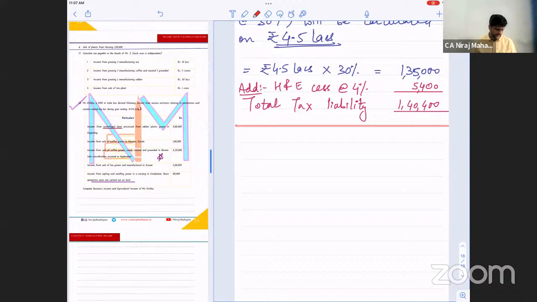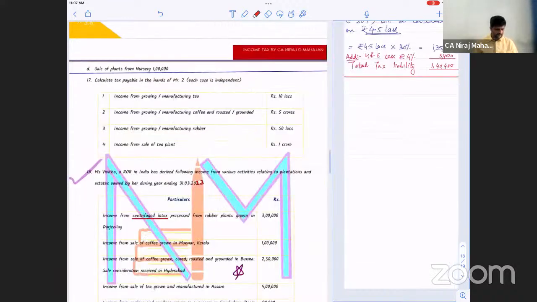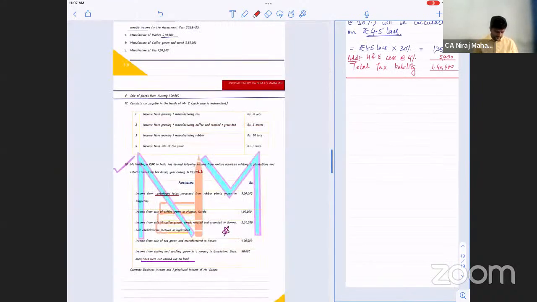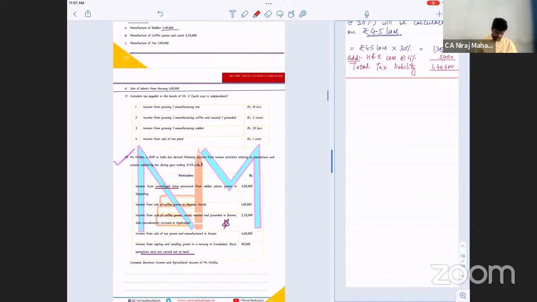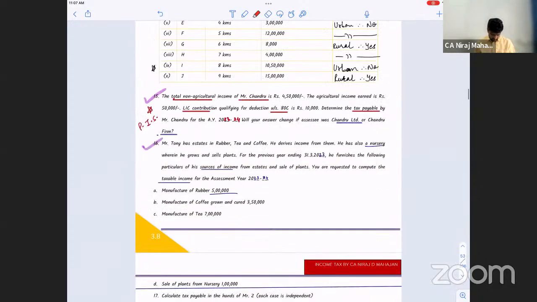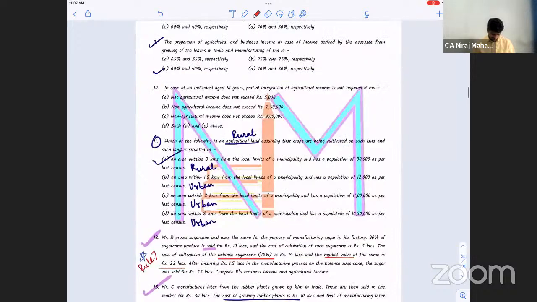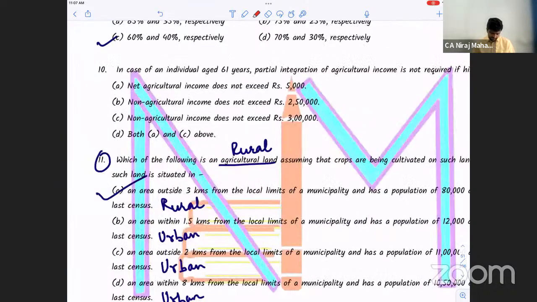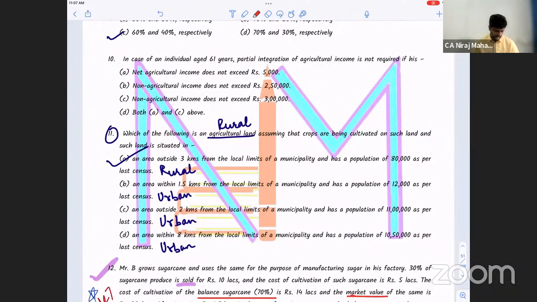Two questions are remaining now, 4 and 17, both of which are quite big, and calculation will be required. Apart from that, give me now the answer for 10th. In case of an individual aged 61 years, partial integration scheme is not required if his non-agri income doesn't exceed 3 lakhs. Then, correct?